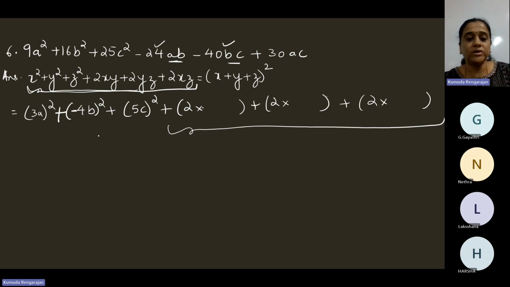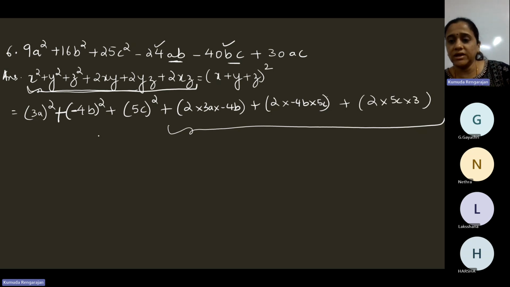So now 2 into x into y, this is x into minus 4b. Then minus 4b into 5c. Then 5c into 3a.